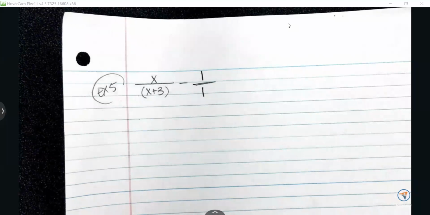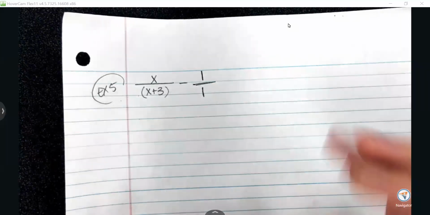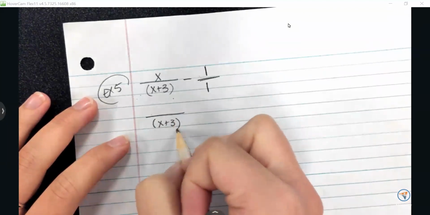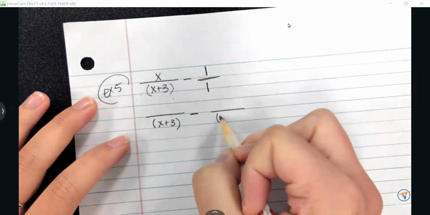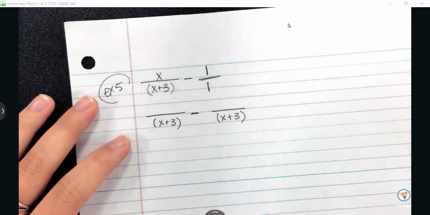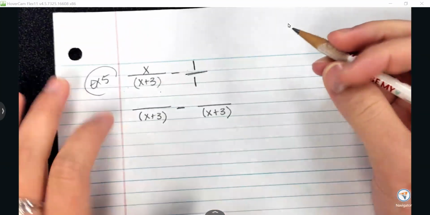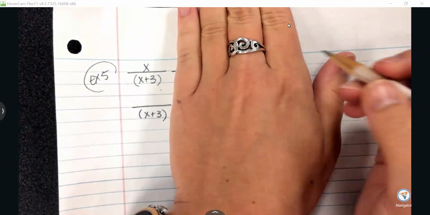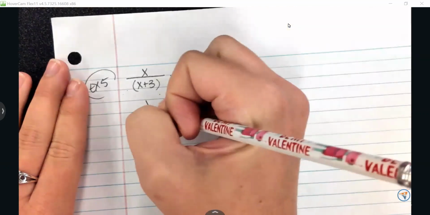No. So what will their common denominator be? X plus 3. So I'm going to have a common denominator of x plus 3. Looking at the left side, did anything in my denominator change? No, so it stays just what it was.